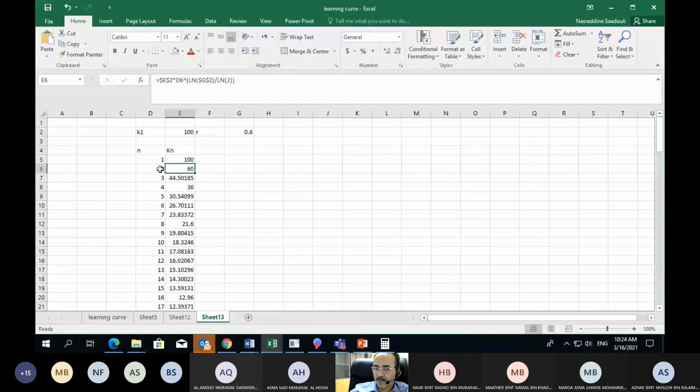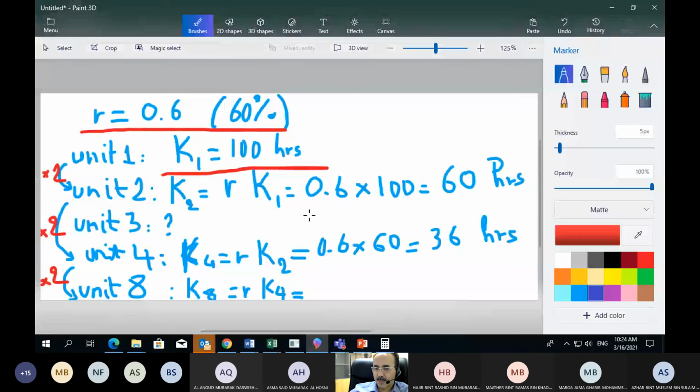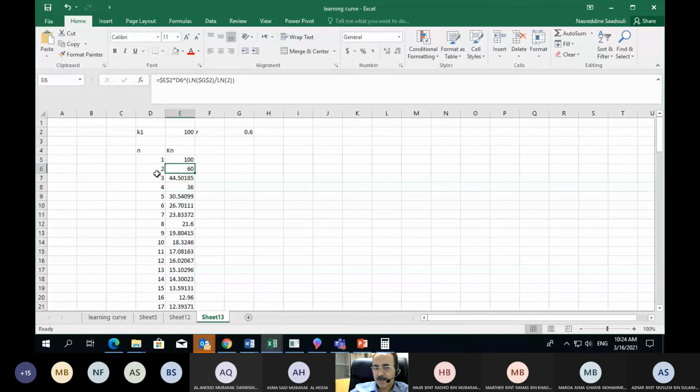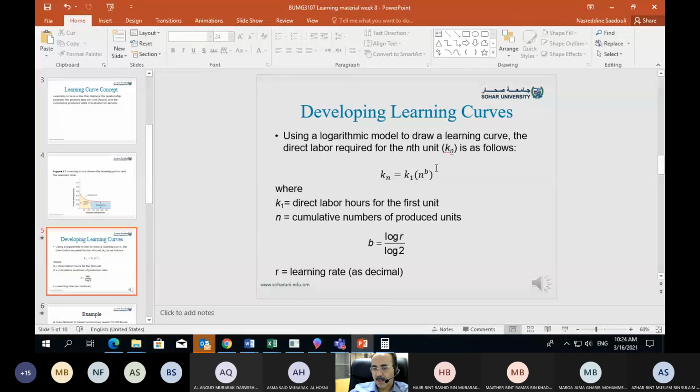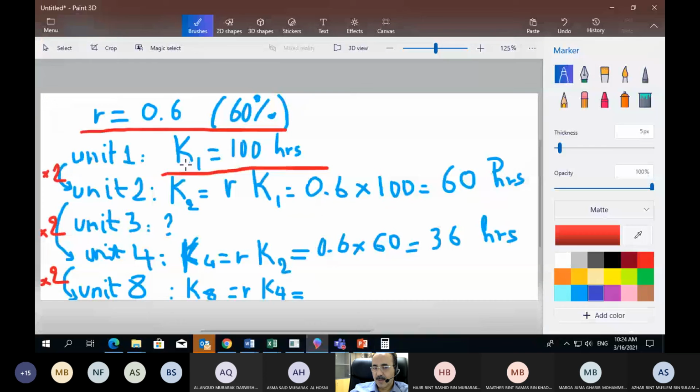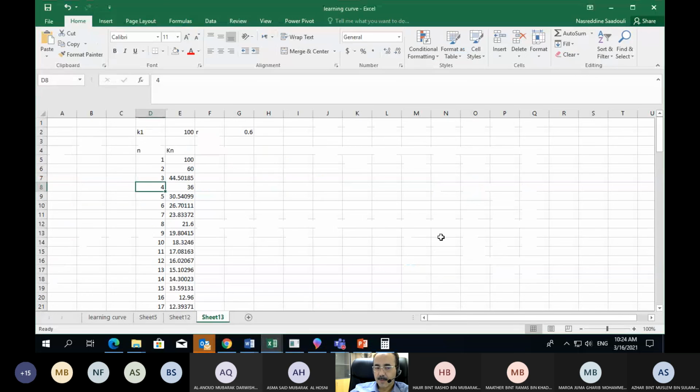However, the values we obtained for 2 and for 4 are exactly what we obtained here by using R times the time of the previous cumulative level. 2, 60. 4, 36. This is exactly what we have here, 60, 36 for 4. Although we have used exactly the same formula, versus using R times K in this example here.